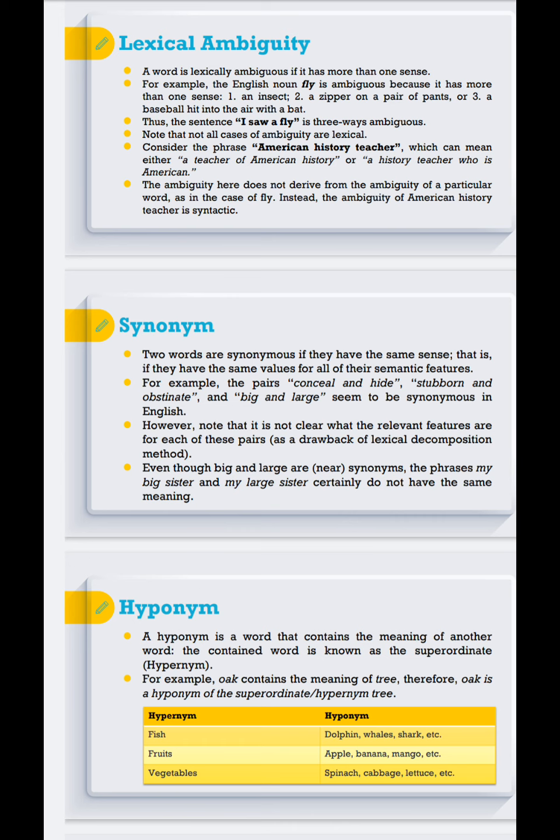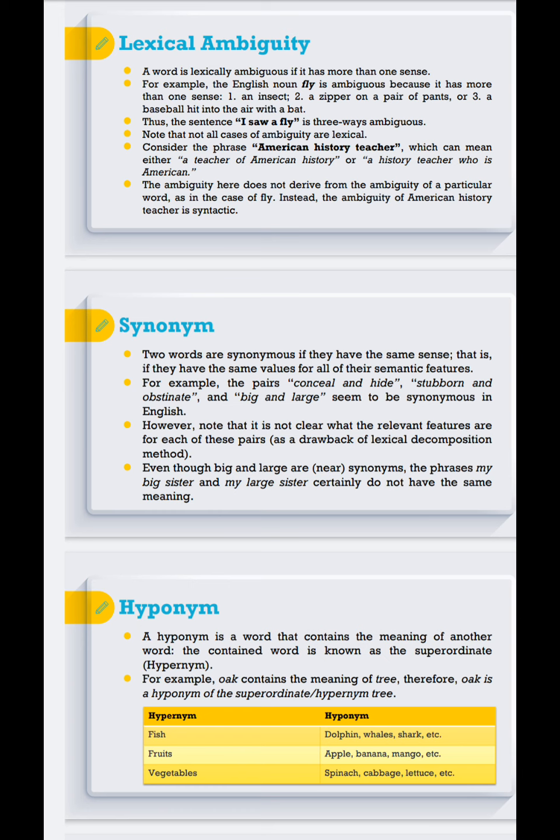Here, there is a table. Dolphin, whale, shark are hyponyms of the superordinate or hypernym fish.